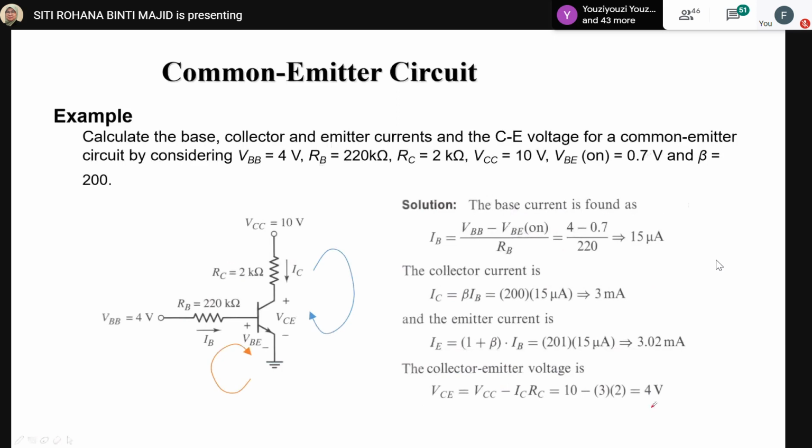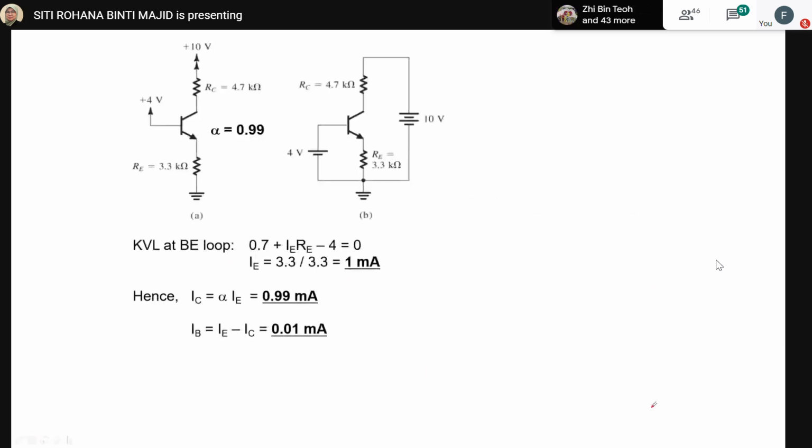Okay, the same thing for this question. But the tricky part is only alpha is given for this question.